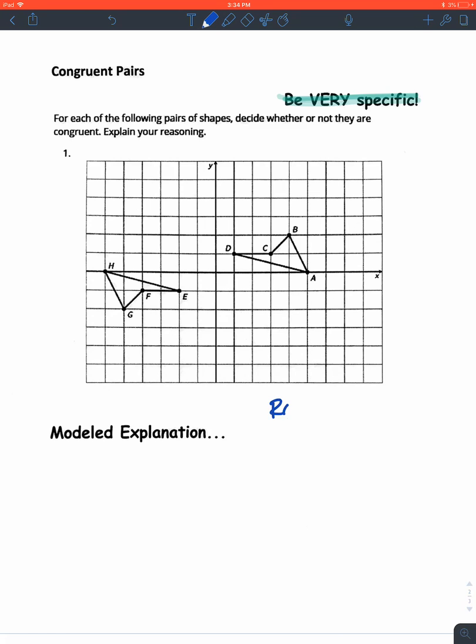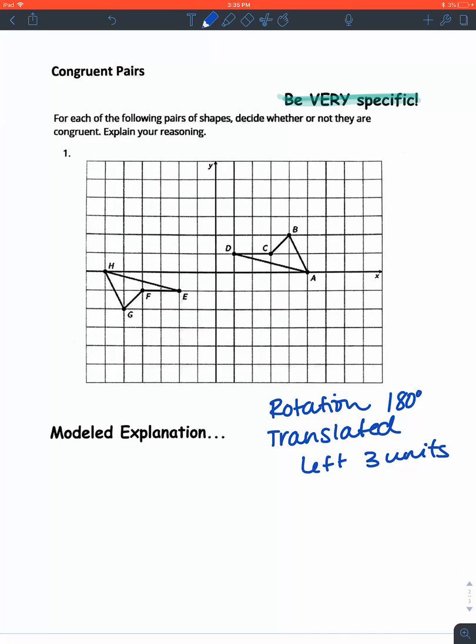There is a rotation that is going on, and it has moved 2 quadrants, which would tell me that it's a rotation of 180 degrees. It also looks to be translated. More specifically, it was translated left 3 units, and then also down 2 units.